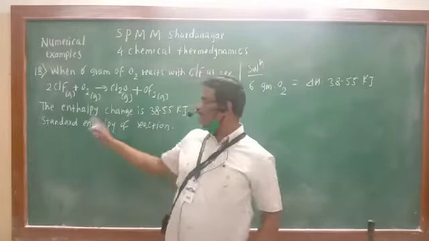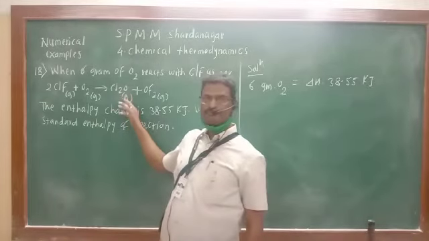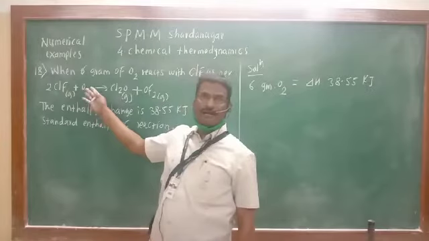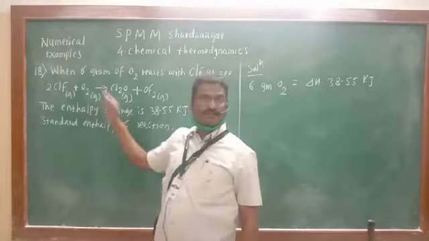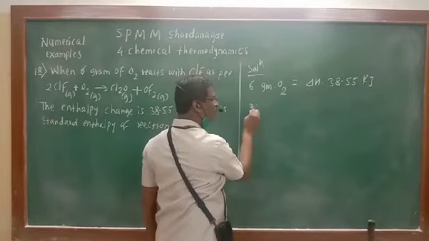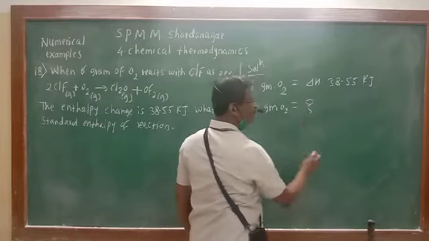And they have asked to calculate the enthalpy change of this reaction under standard conditions. In this reaction, how many grams of oxygen is involved? What is the molar mass of oxygen? 32. So 6 gram has this value, 32 gram of oxygen will have how much value?